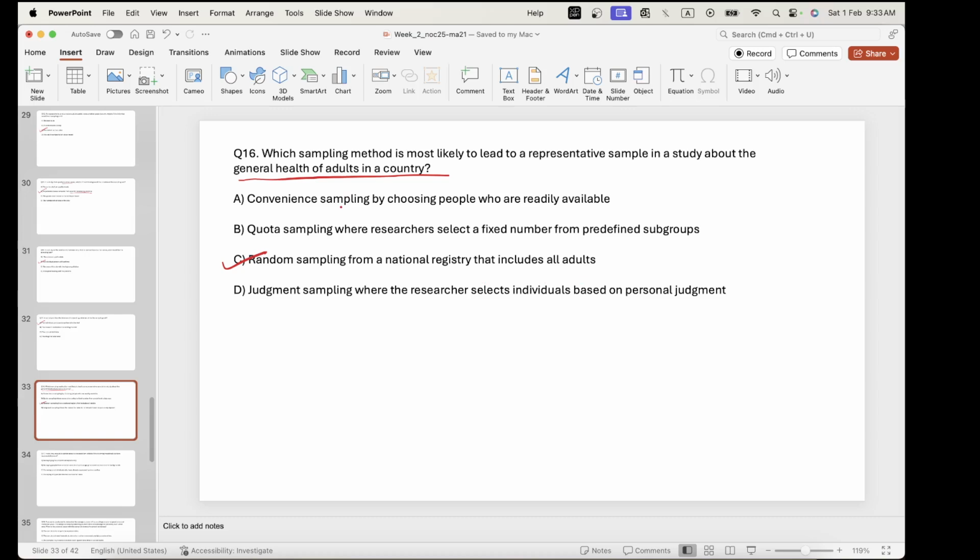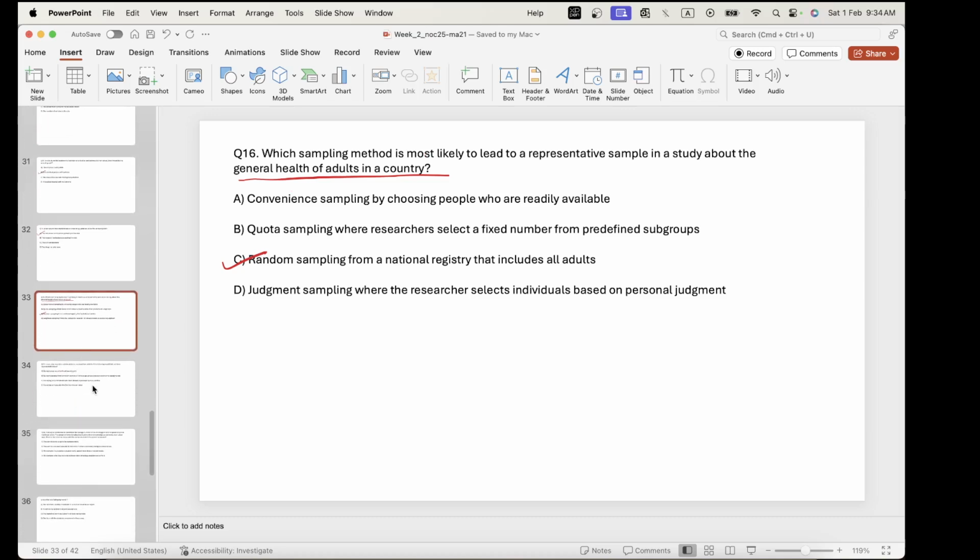Convenience sampling will not give me a general idea of adults in the country, and quota sampling will also not work because we cannot just limit ourselves to predefined subgroups for a representative sample. Judgment sampling is also not representative of the general health of adults in the country. So random sampling from a national registry is the most likely representative sample.